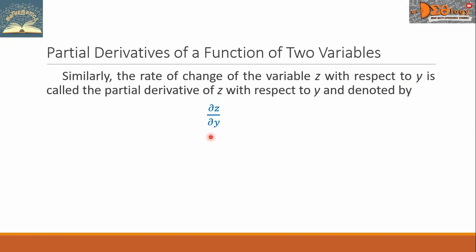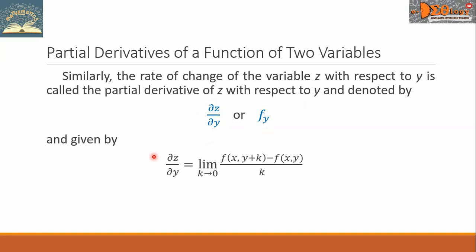We read this as partial derivative of z with respect to y, or we use this symbol f sub y, and given by partial derivative of z with respect to y is equal to the limit of the function f of x, comma, y plus k minus the function f of x, y all over k as k approaches 0.